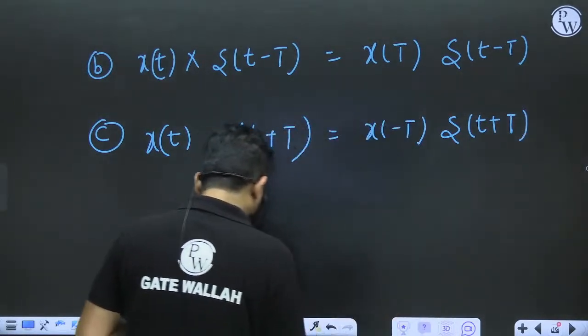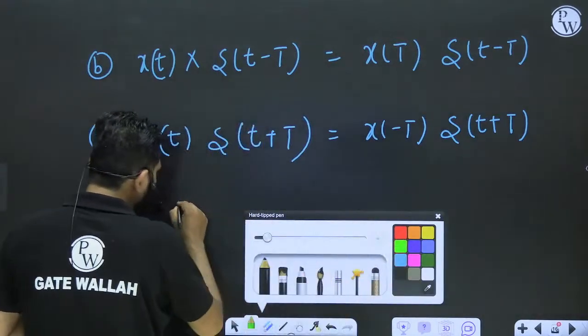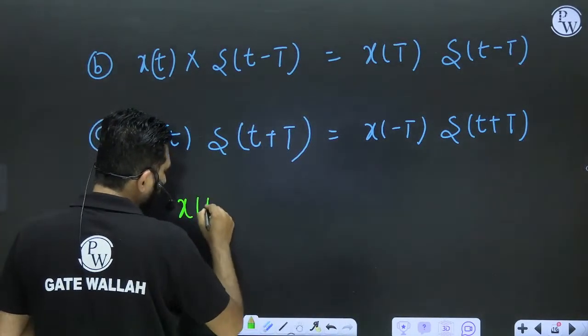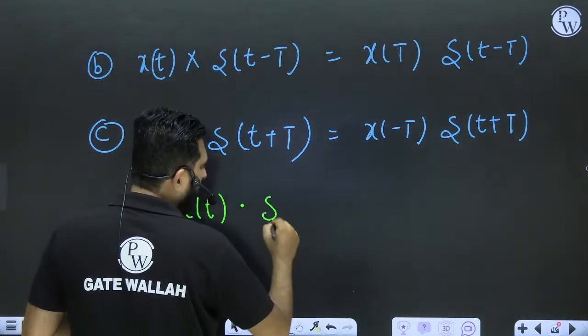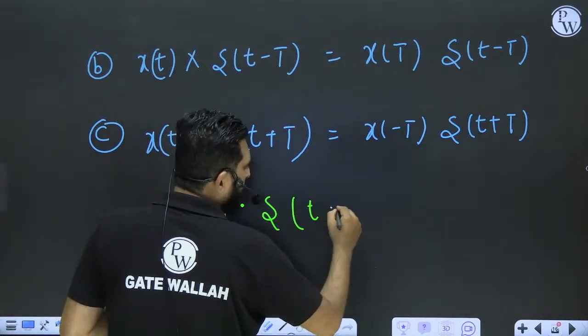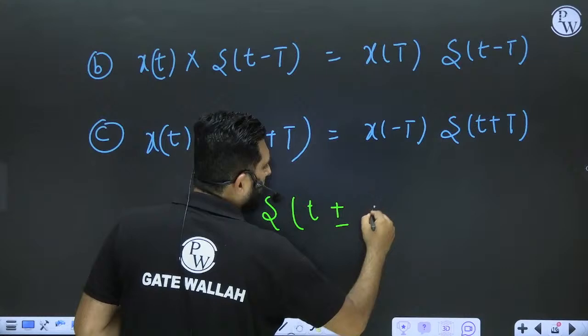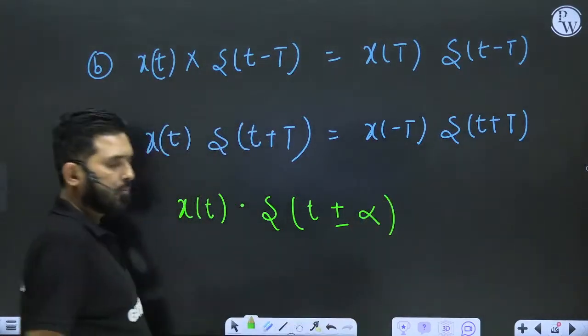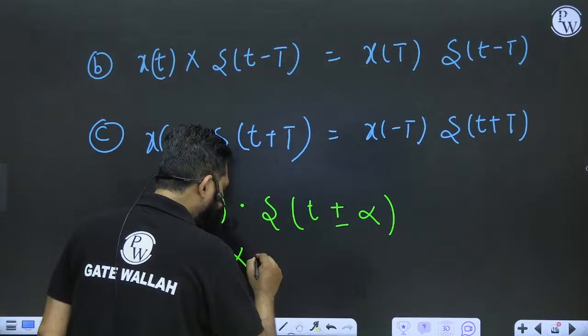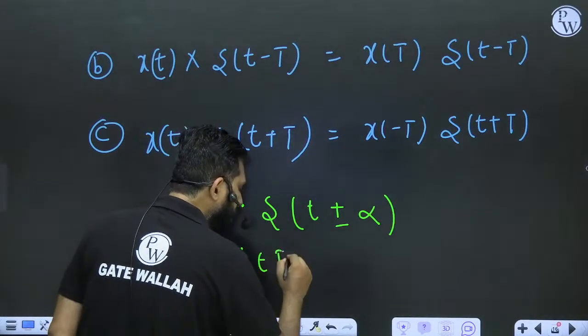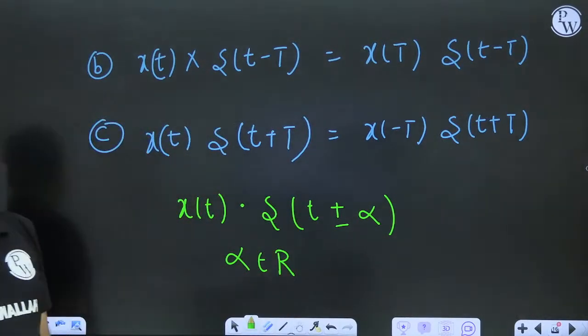In general, x of t is multiplied with delta of t plus or minus alpha, where alpha belongs to the real numbers.